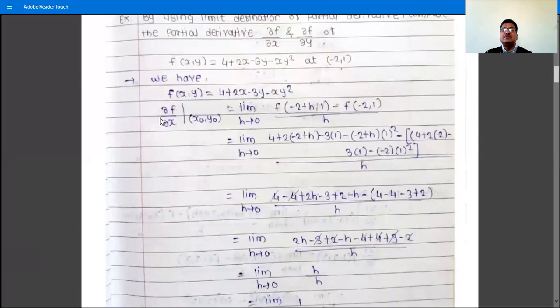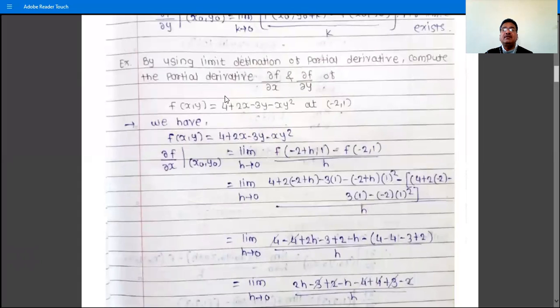So we have this. This is ∂f/∂x at (-2, 1). Then f of (-2 plus h, 1). This is f of (x, y). That is how we can find the value of f of (-2 plus h, 1): substitute x as -2 plus h and y as 1.